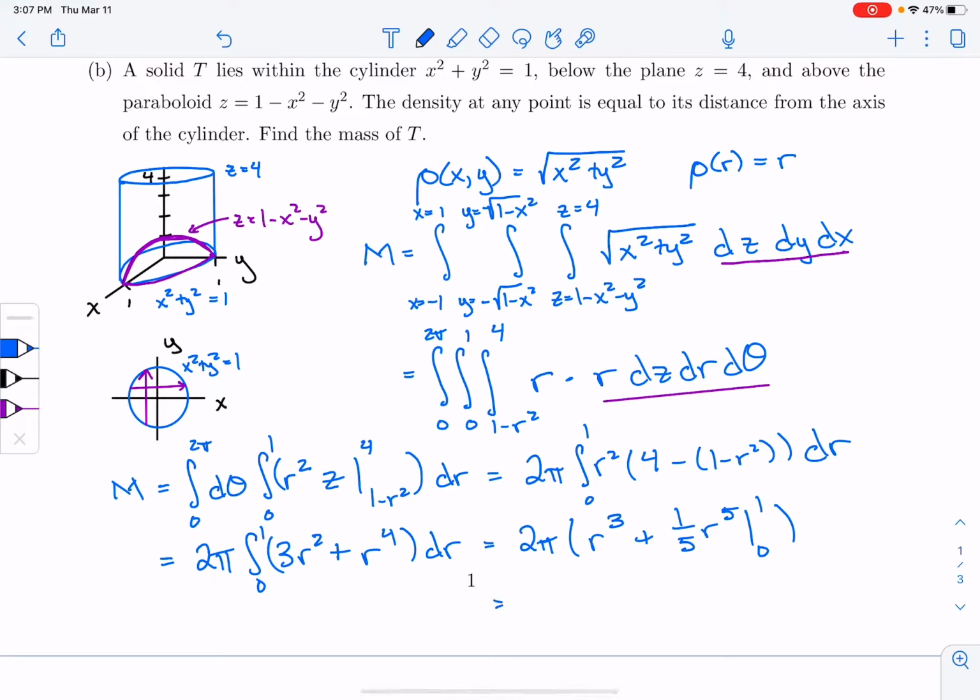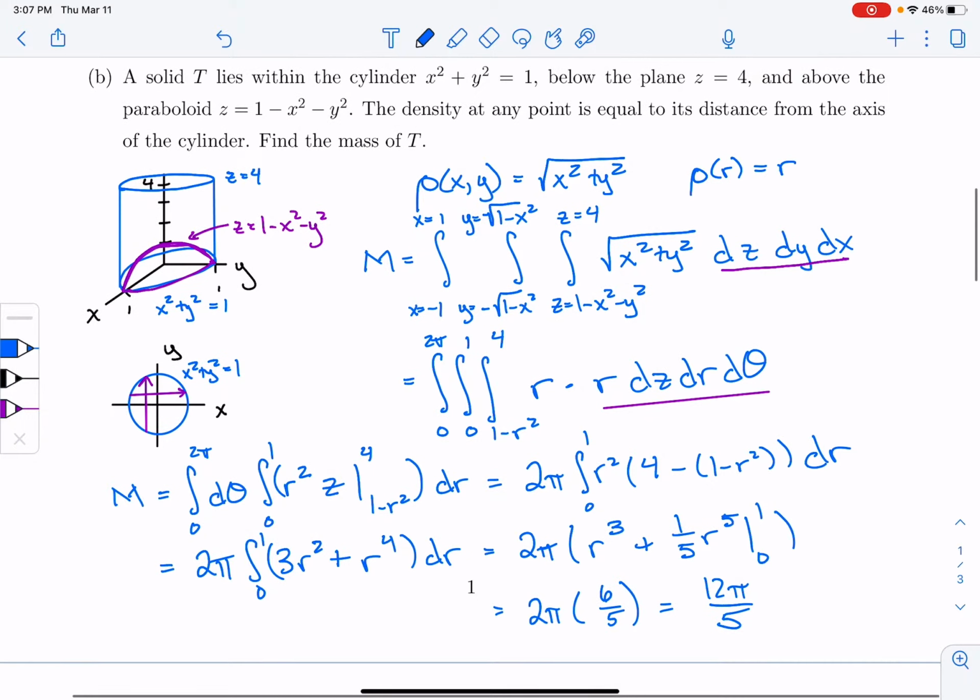That becomes 2 pi times 6/5, or in fact, that becomes 12 pi over 5 for my answer of the mass of the substance that's within this, essentially a peanut butter jar. It's a cylinder with this bottom lip described by a paraboloid removed.